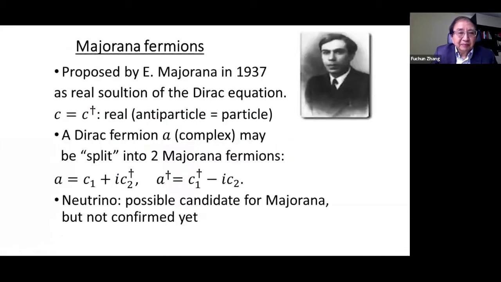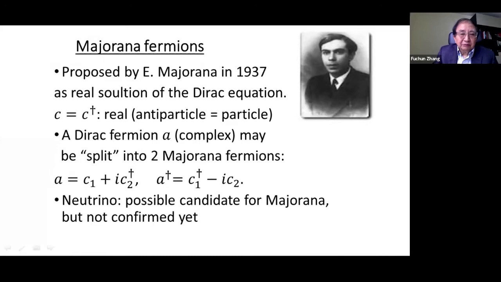So first, let me introduce what are called Majorana fermions. The Majorana fermion was proposed by Majorana, a young and very brilliant theorist at the time, in 1937.